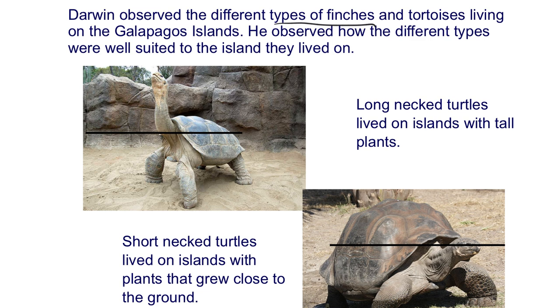So their beaks became very different, because each beak shape would be an adaptation to a specific kind of food that other birds with different beaks wouldn't be competing for. So there arose a great number of different finches, and these finches became different species over time.